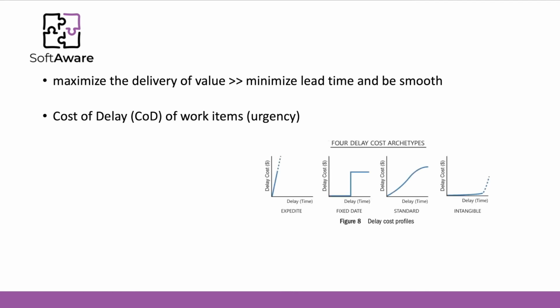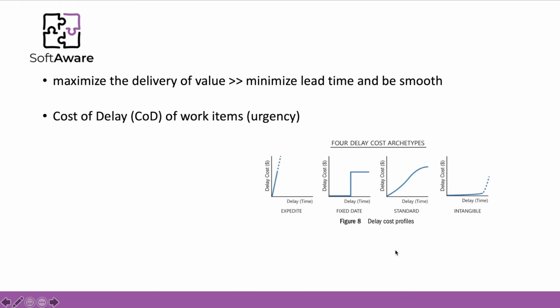There are 4 archetypes that classify the urgency of a work item: expedite, fixed date, standard, and intangible. Closely looking at figure 8, we can see the differences that are obvious. Upon an expedite urgency, the cost of delaying the work item over time grows enormously.